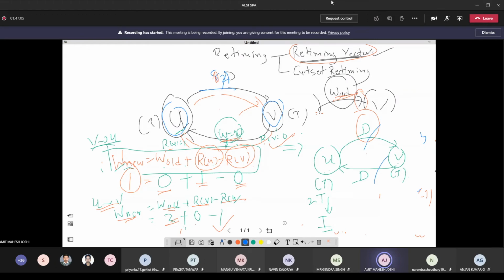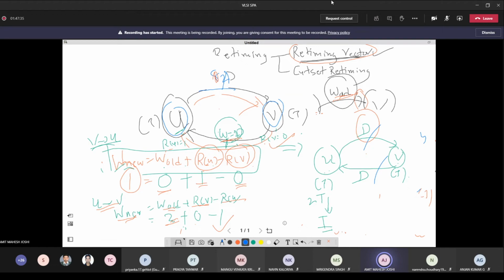So ultimately in retiming, when I am talking about the loop, you need to only change the position of a D element. You cannot introduce a new delay element. So for a loop, this is the fundamental principle you need to remember.